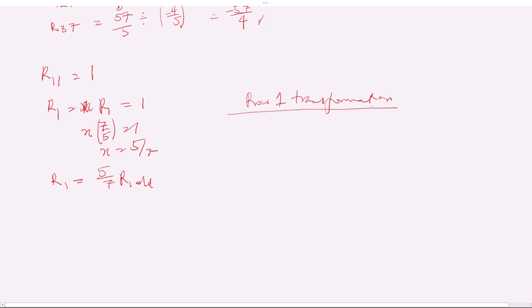So if we transform R1, we of course have R11 equal to 1, R12 equal to 0, R13 equal to 5 over 7 times 1. Then R14 would be minus 4 over 5 times 5 over 7, which is minus 4 over 7.